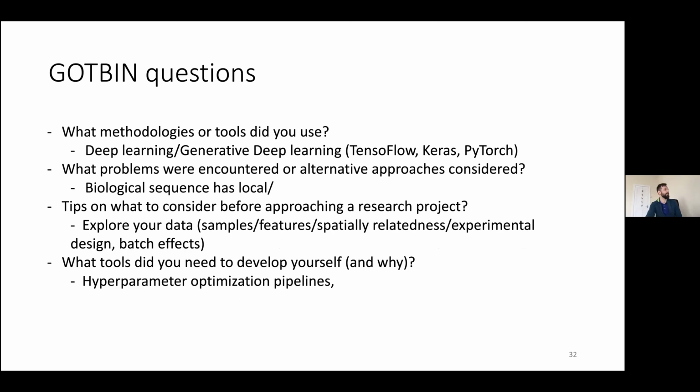So what are the methodologies? As I presented, we use machine learning and different frameworks that are currently popular. What problems? The main problem is that biological sequences are very long, and they have local information and also global information.